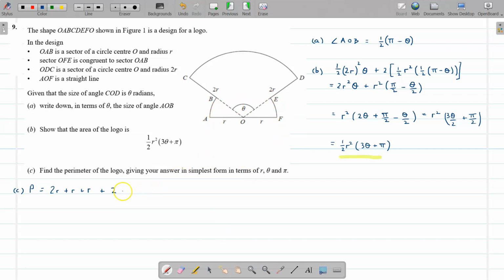So 2 lots of r over 2, times pi minus theta.